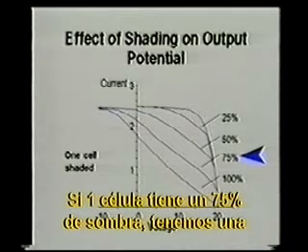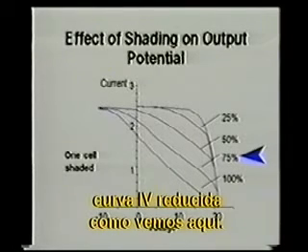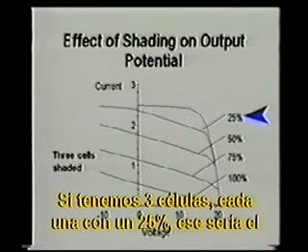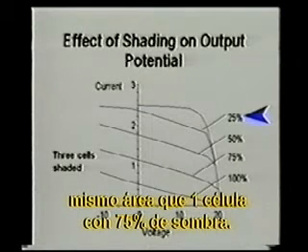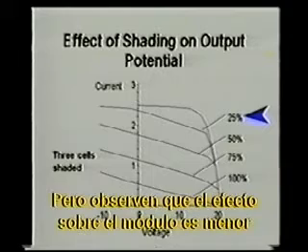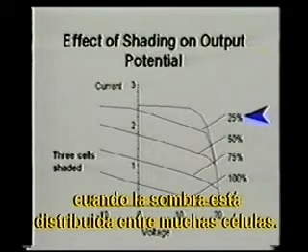If we have one cell 75% shaded, we have a reduced IV curve as drawn. If we have 3 cells, each one 25% shaded, that would be the same area as one cell 75% shaded. But notice that the effect on the module is less when we have the shading spread out over many cells.